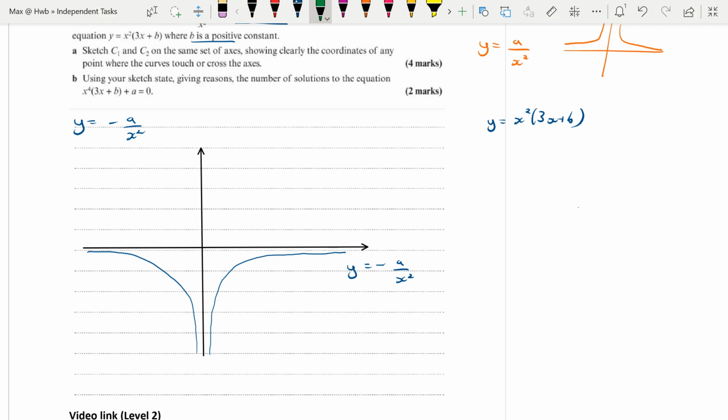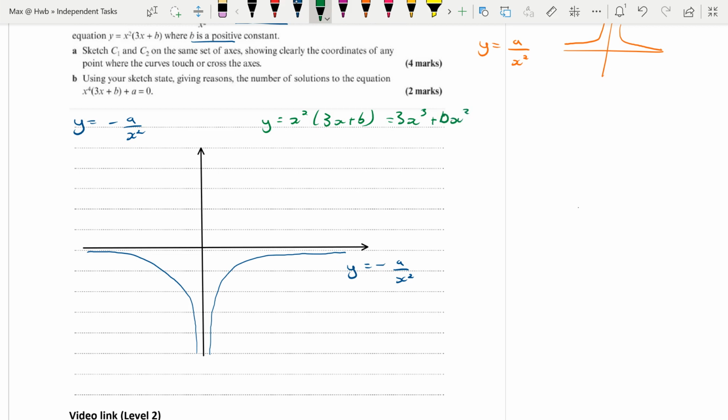The next one I'm going to look at is y equals x squared times (3x plus b). Now, this is a cubic. If I expanded that bracket, I would end up with 3x cubed plus b x squared.